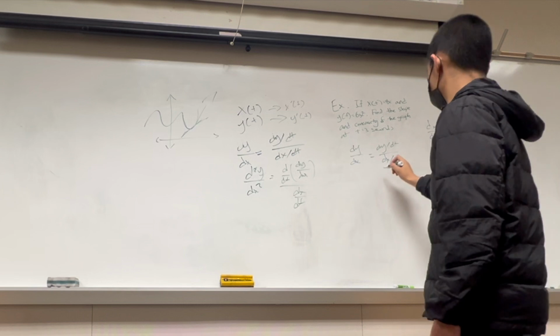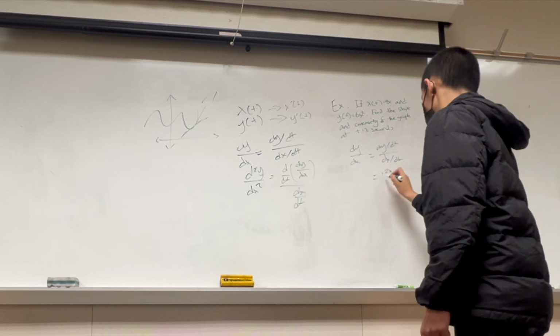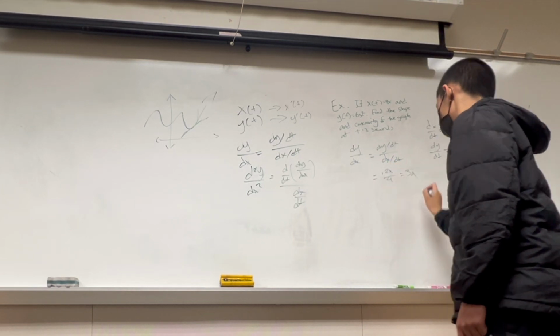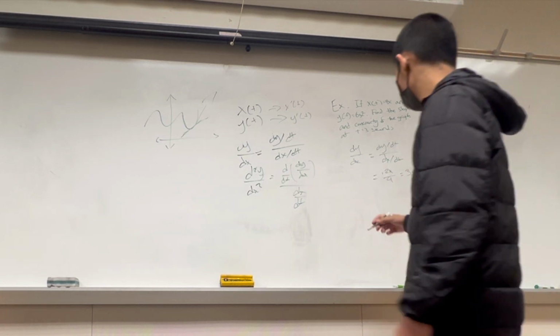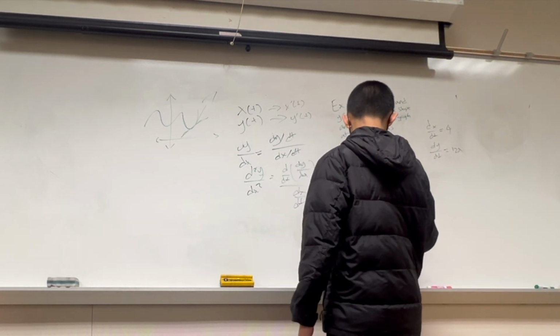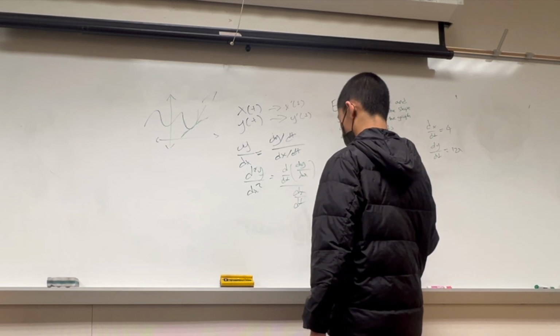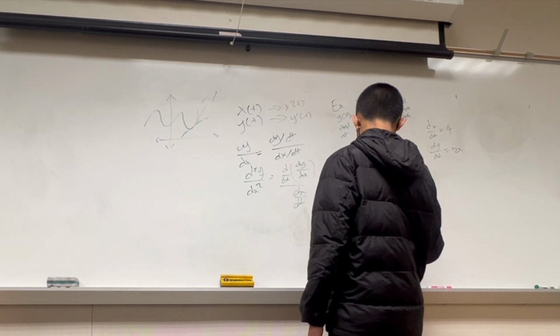Then all we have to do is take 12t over 4, which is 3t. It's just that easy.